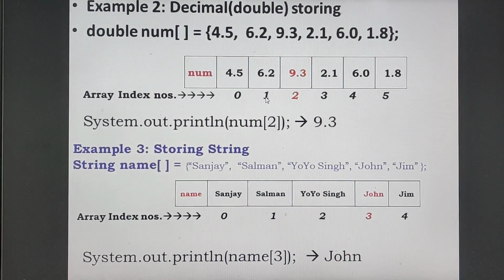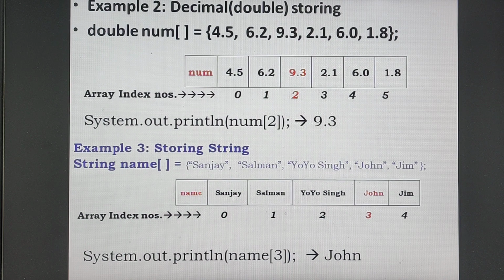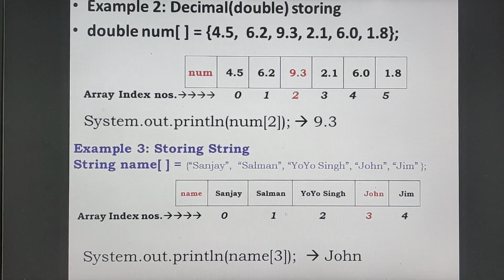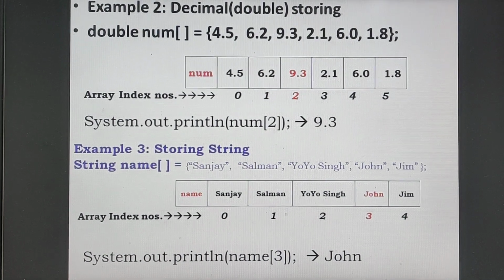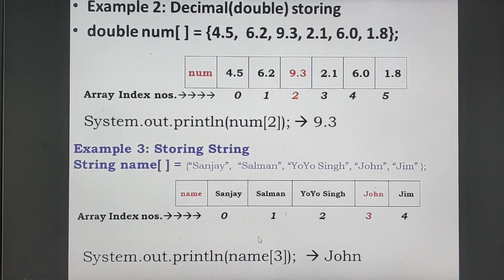The important thing to realize here is that though the data type is double, the array index is still an integer, because you can't have a cell number like 0.0, 1.0. It is still 0, 1, 2, 3. So when I say print num[2], in cell 2 the value 9.3 is picked up, applied here, and print prints that on the screen.